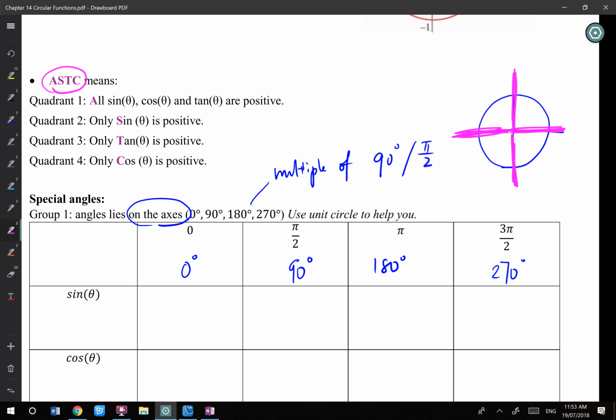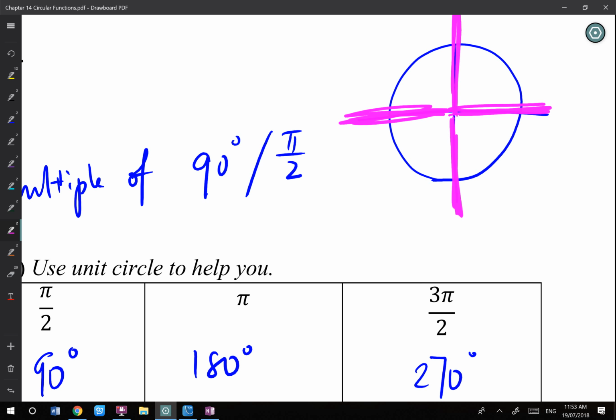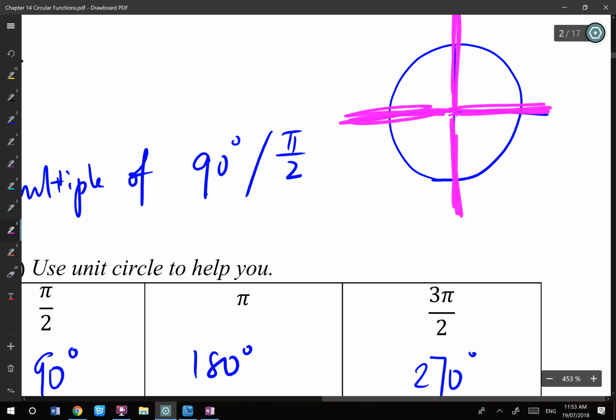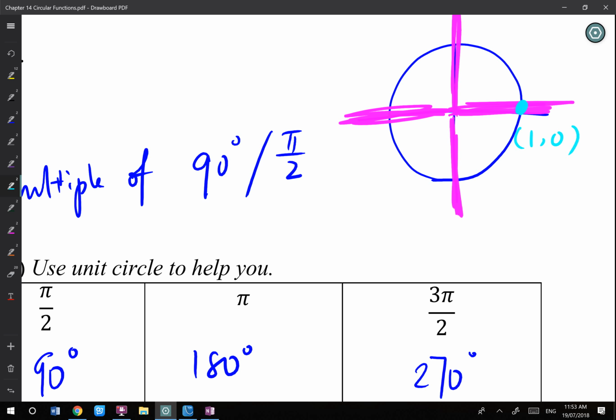Let's just consider this angle 0. Can you tell me what the coordinates of that intersection are? 1, 0, right? Because the radius is 1. So does x represent cos or sine?